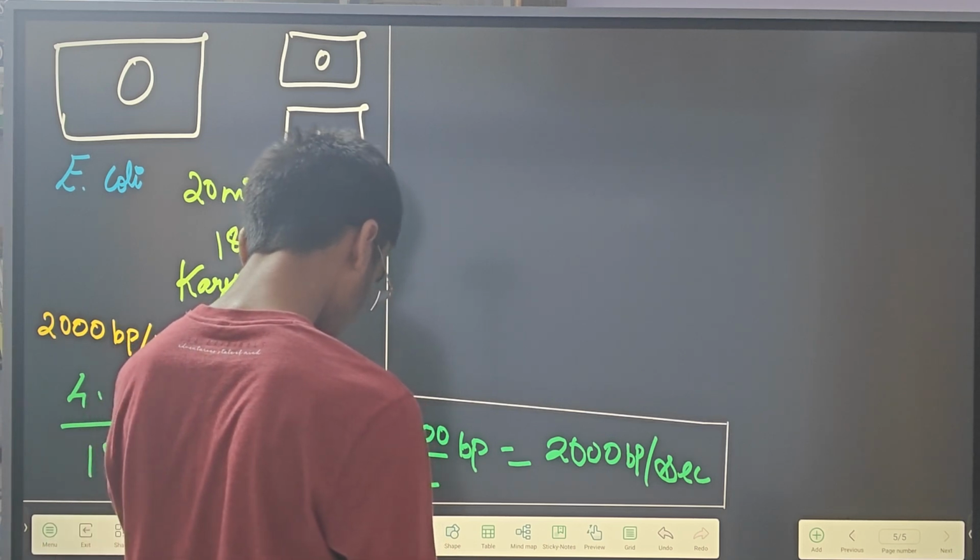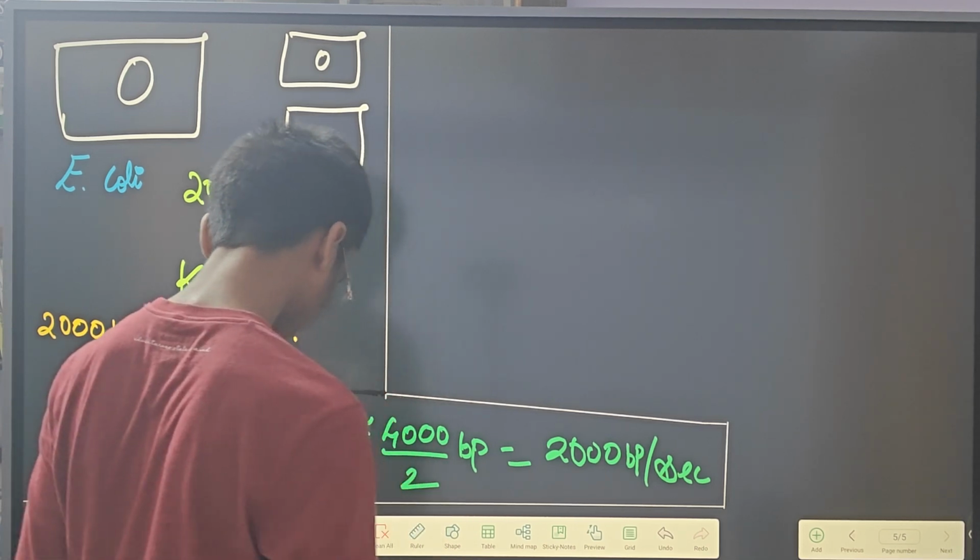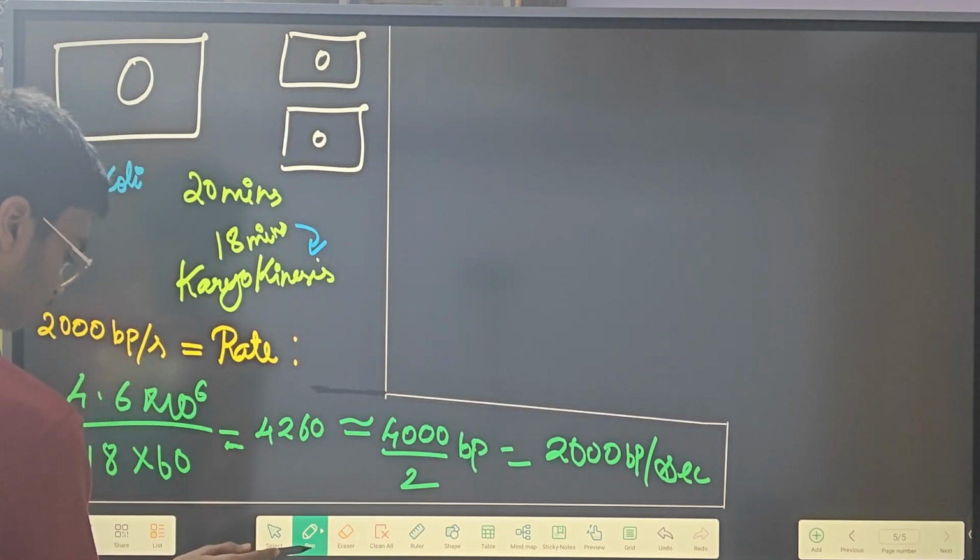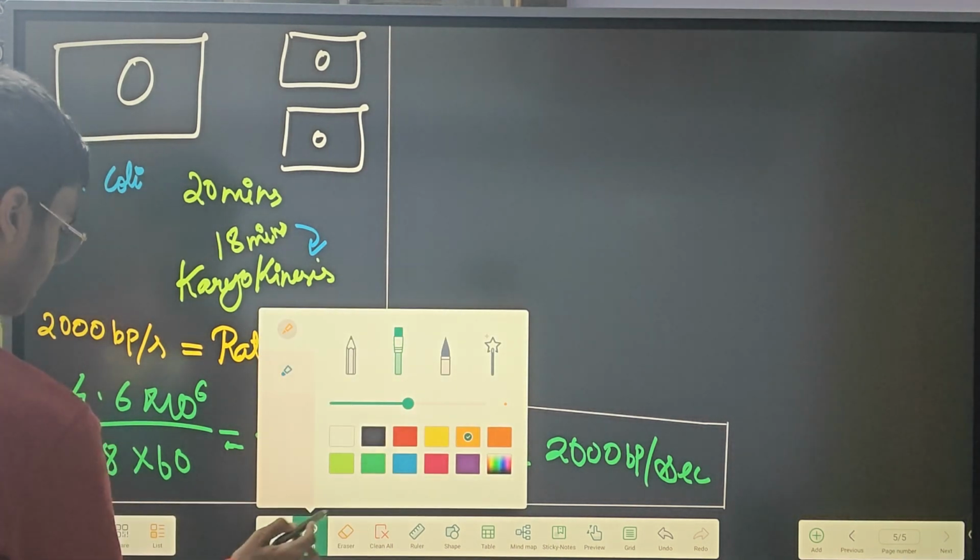Okay, so first we will complete this transcription mechanism.